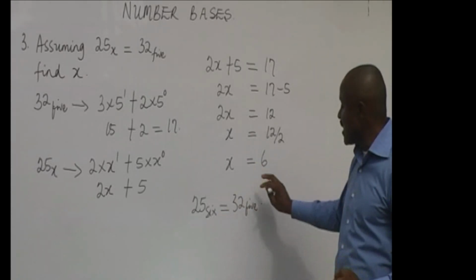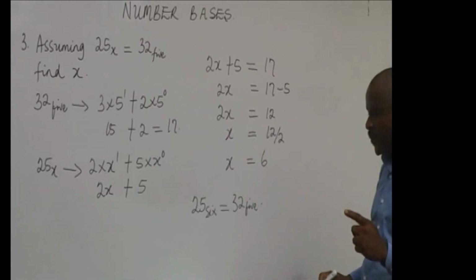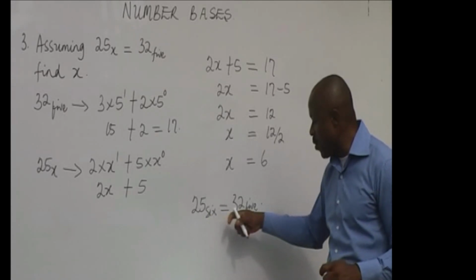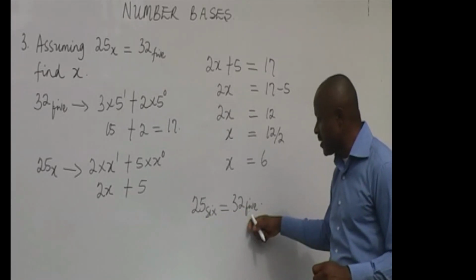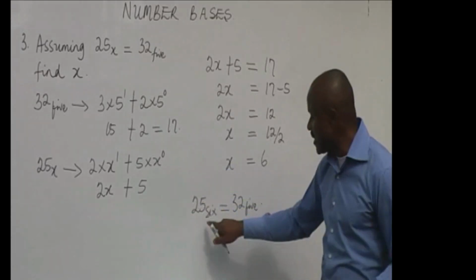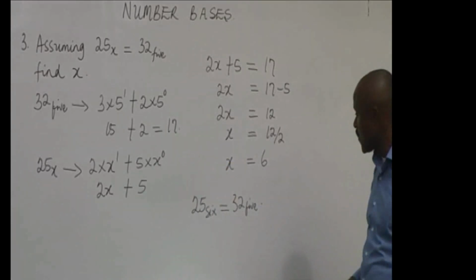The equation has ended here, that x is equal to 6. But I want to check. Expand this in the power of its base and see if it will be equivalent to expanding this in the power of its base. But we have expanded this in the power of its base to get 17. So let's expand this in the power of base 6 to see if we get the same 17.